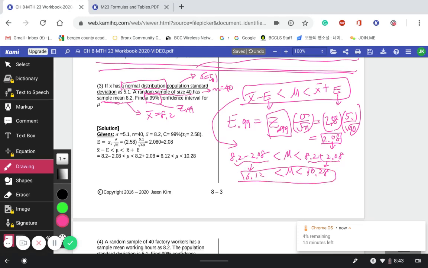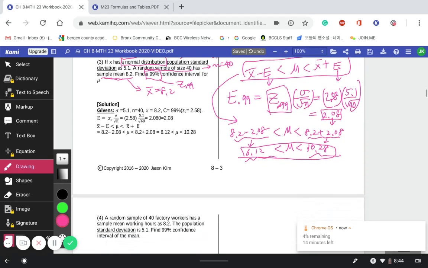So your estimation of the mean value for this particular case is between 6 and 10. Your mean value should fall into this interval.